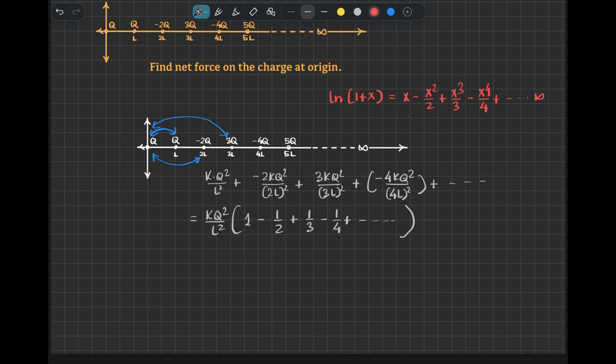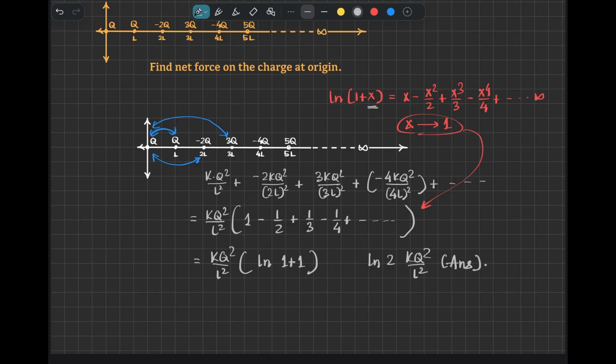Now in this, if we put the x value as 1, we get our required series. So we can say that this entire term is basically kq square by l square into this entire series, which we can replace as ln 1 plus 1. So our final answer is ln 2 kq square by l square. So this is the answer.